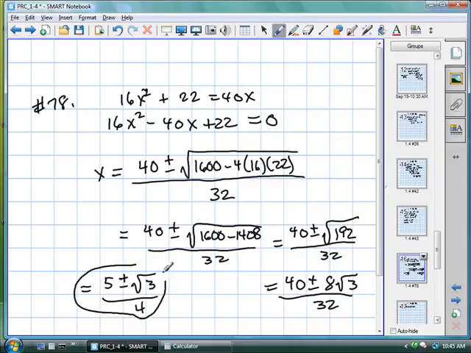What I did, in effect, is I factored an 8 out of the top. So 8 times the quantity, 5 plus the square root of 3. And then the 8 from the 32 cancels with that 8. So, by factoring. Here, let me just show this more clearly.